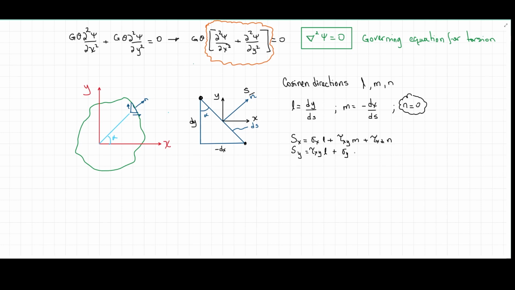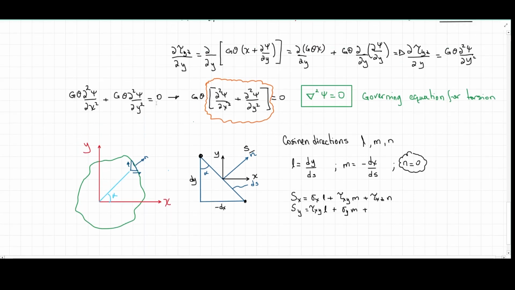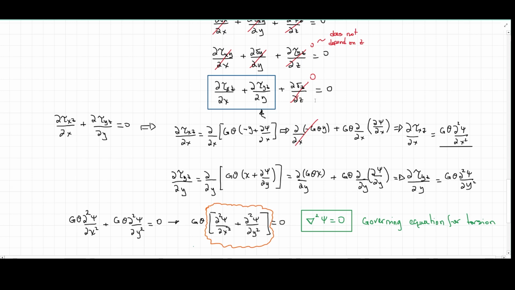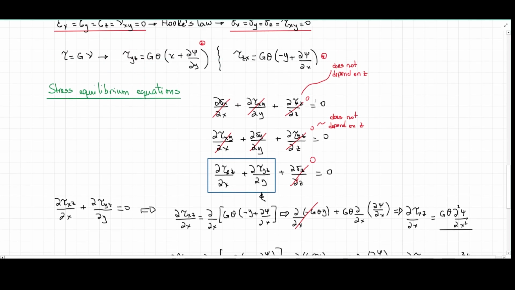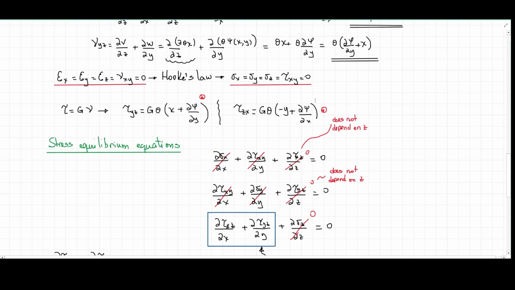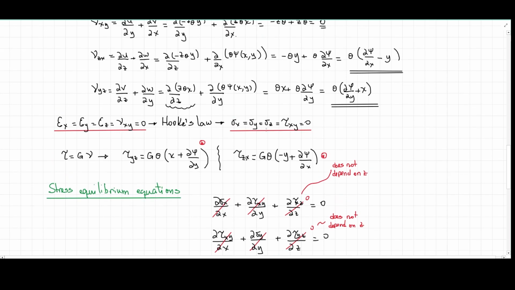Now in y, I can say that this is going to be equal to tau xy L plus sigma y normal stresses in M plus tau yz n. What I'm doing here is that if I found the state of stress of this element, all of the 6 necessary elements to build a state of stress tensor, then I could find another stress, with another orientation, by using the same state of stress tensor and the direction cosines of this new direction.